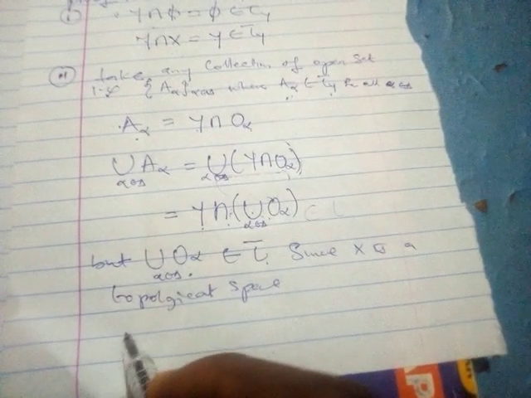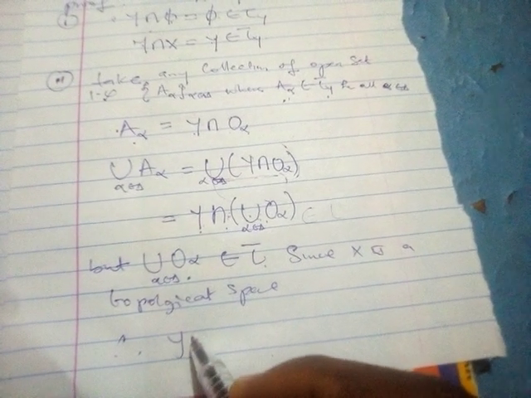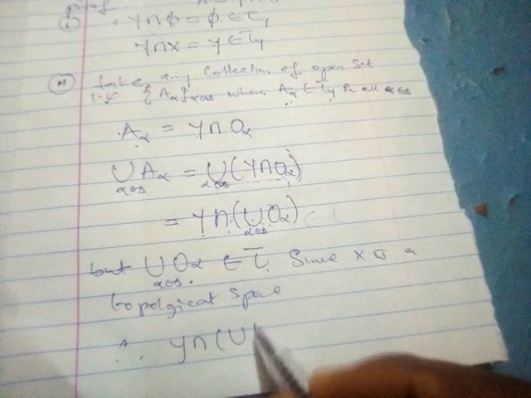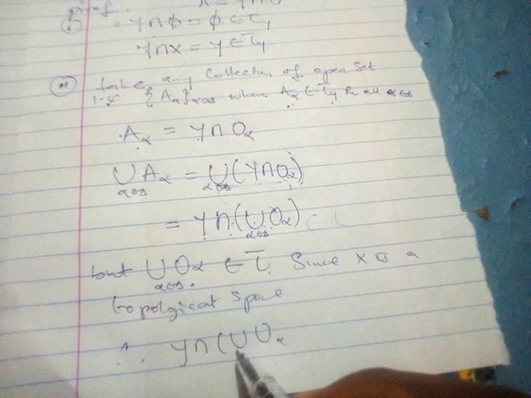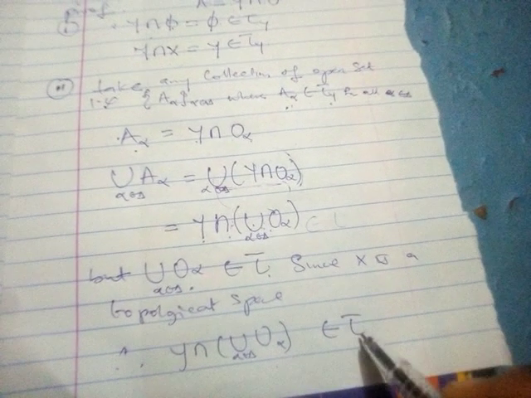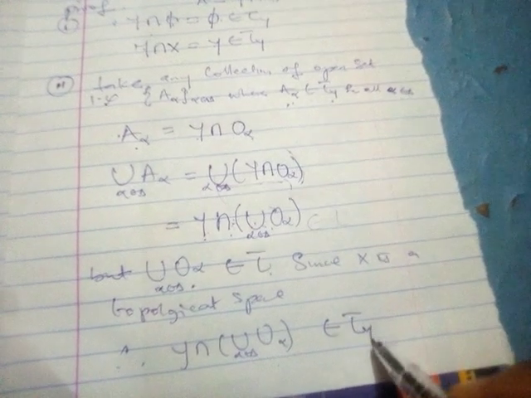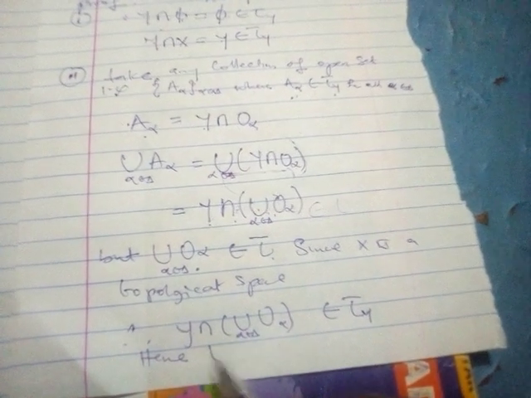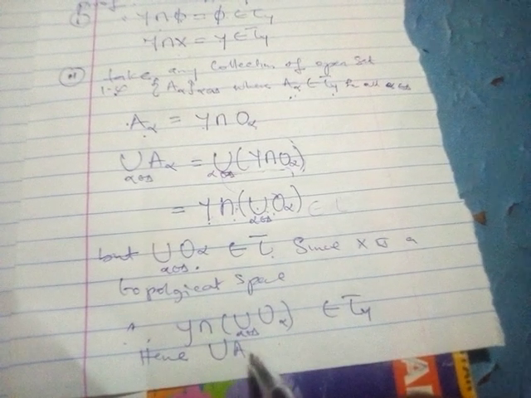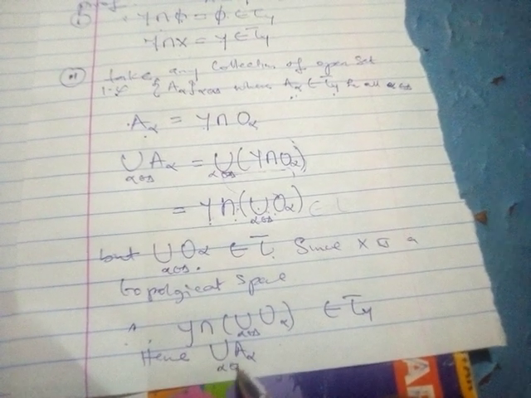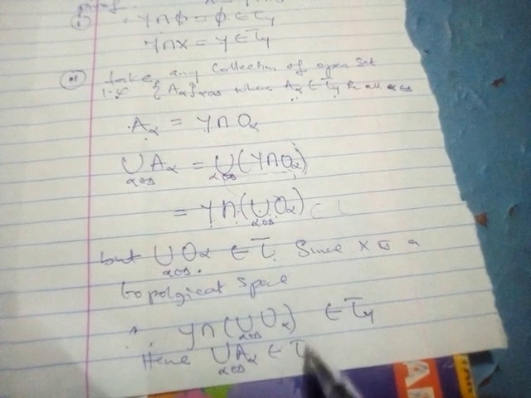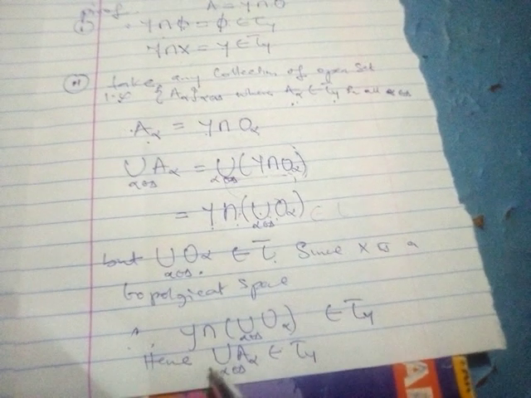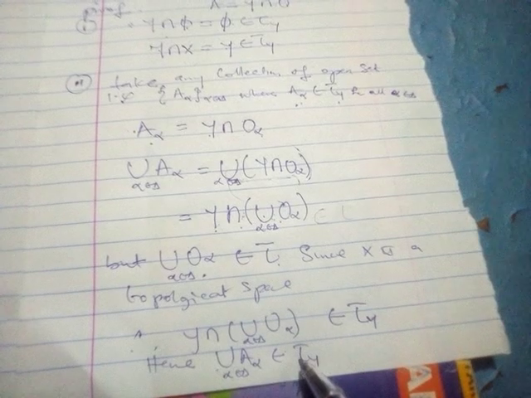Therefore Y intersect the union of O alpha will be in this topology. Hence the union of A alpha, alpha comes from the index set, is in this topology. We have shown that the arbitrary union is in this topology.